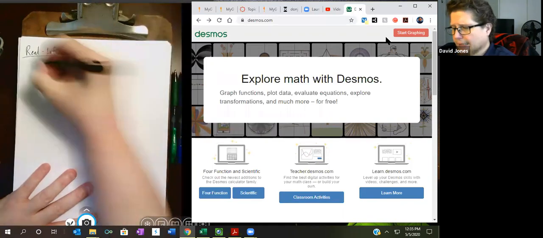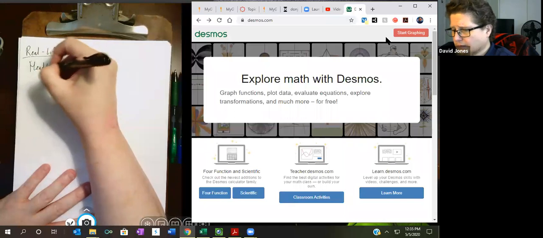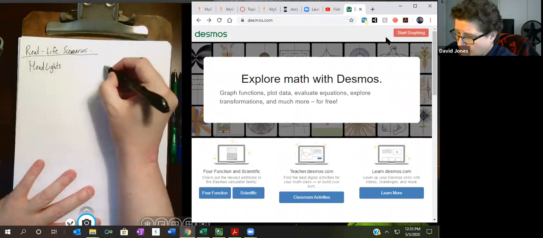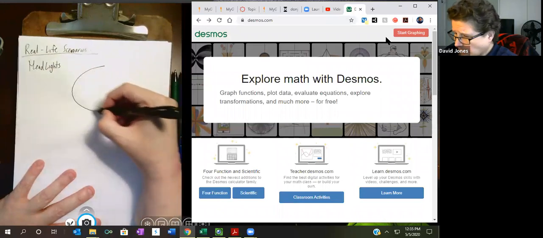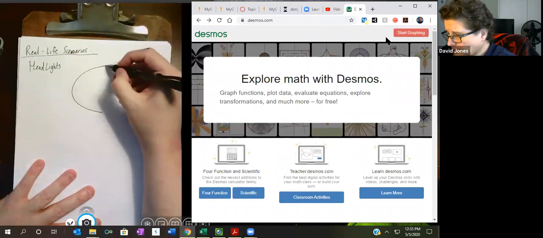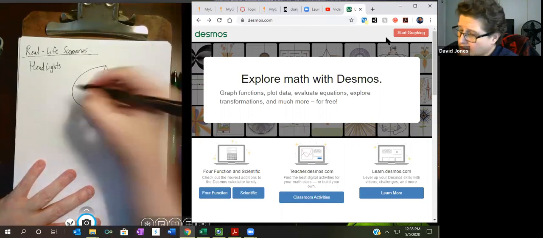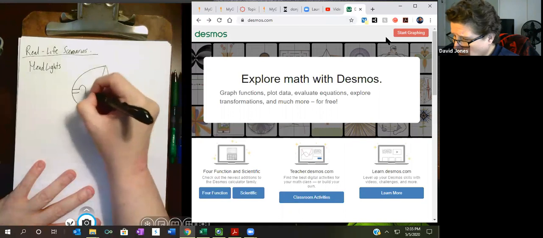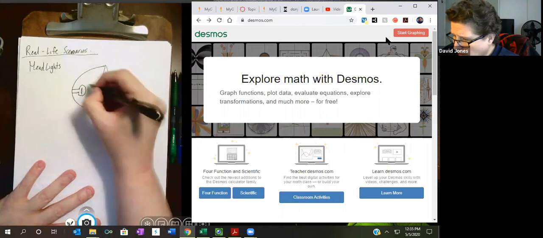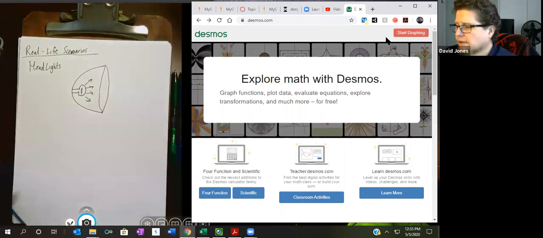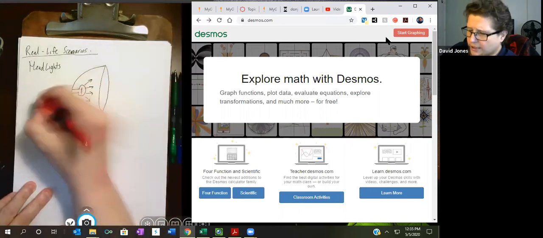Well, headlights. The light bulb goes at the focal point.